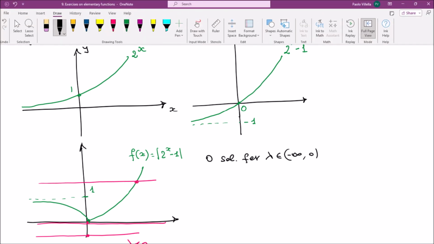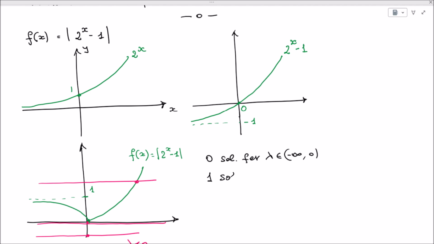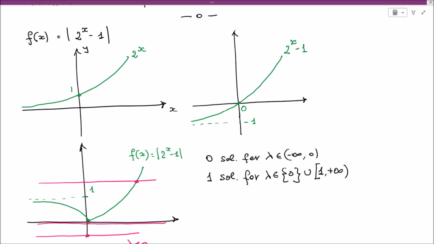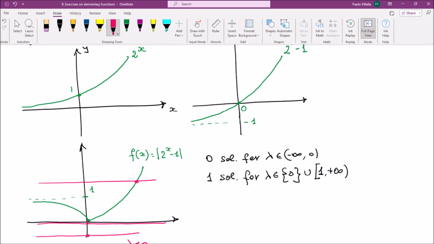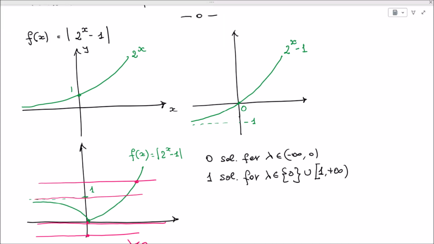So we can say that there will be one solution for lambda that belongs to the union of {0} and the set 1, plus infinity, including 1, because in fact if we consider this line, there will be only one intersection on the right branch of the function.